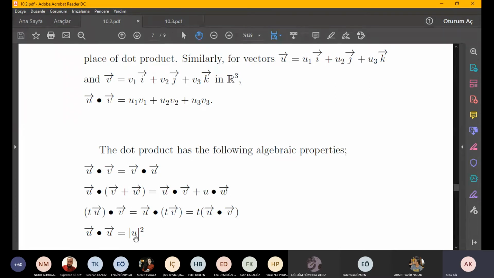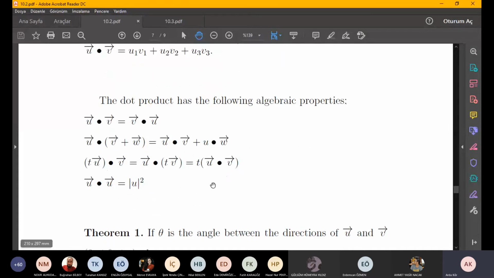So if you just take the square of that square root, it will be the dot product of u and u. Those are important algebraic properties that we will use for the dot product.